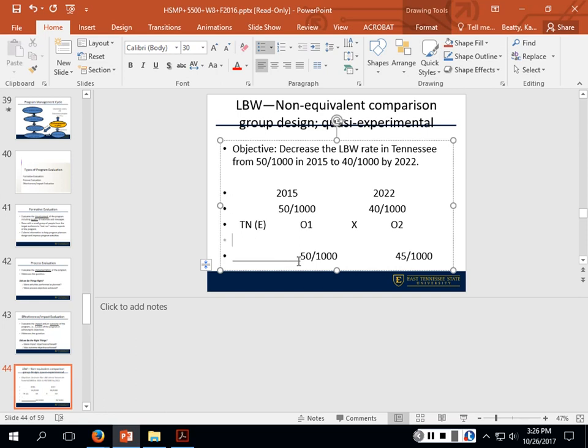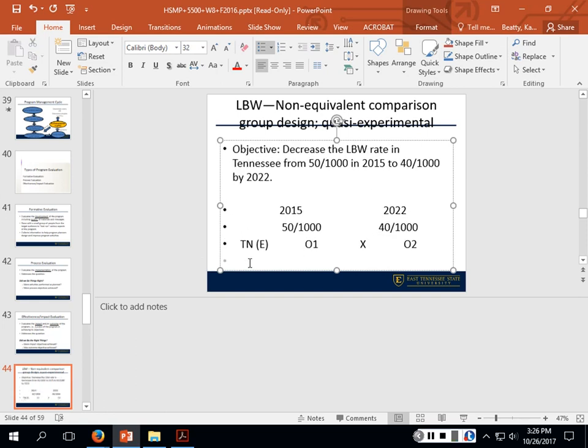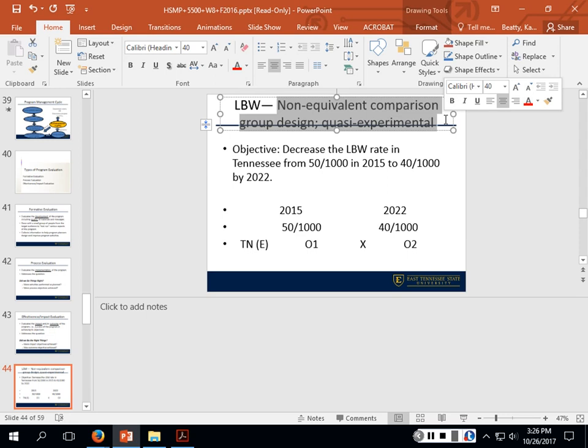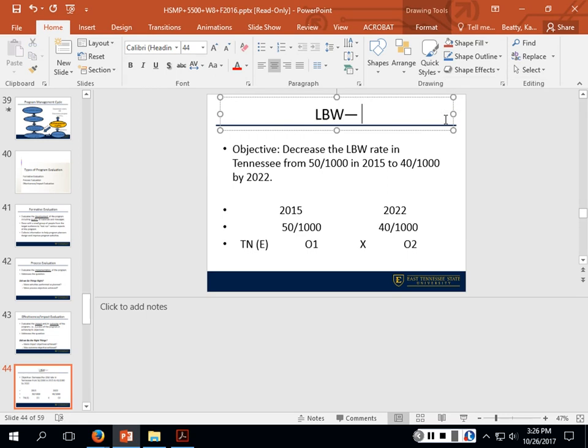Do we go back to the one group pre-test, post-test? And if not, how can we improve on the one group pre-test, post-test? If we are not able to identify, yes, ma'am.